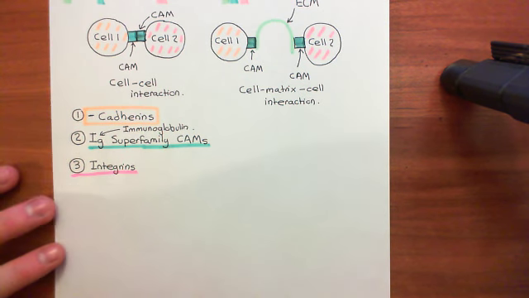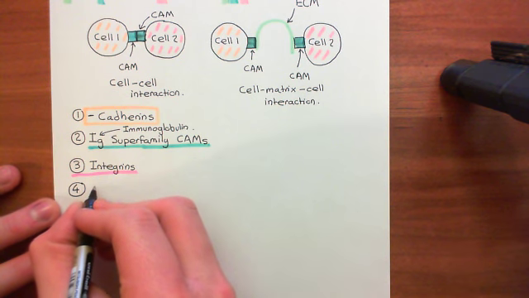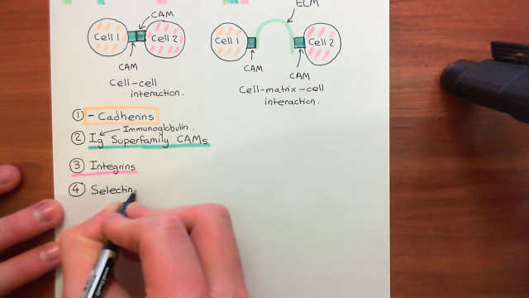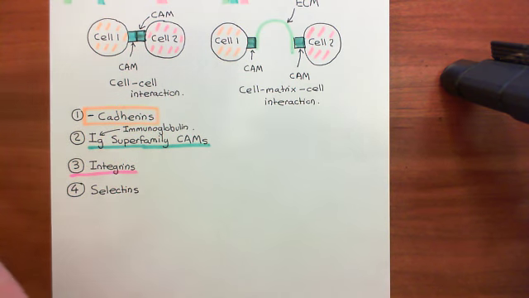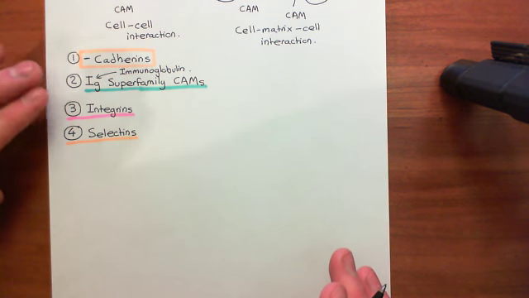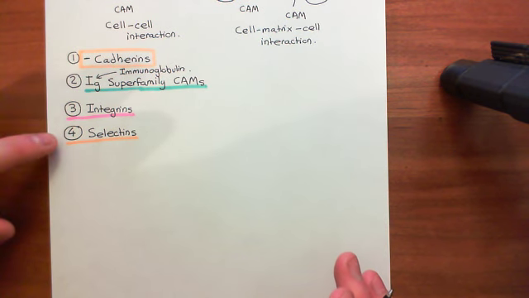The fourth family of cell adhesion molecules are the selectins. These are also important in immunology, in binding leukocytes, white blood cells, to the endothelium, for instance. So the selectins are the fourth major family. We're not going to say anything more about the immunoglobulin superfamily, the integrins, or the selectins.